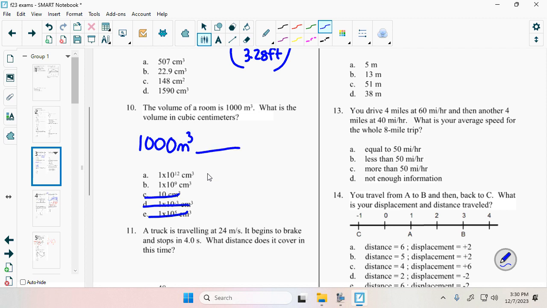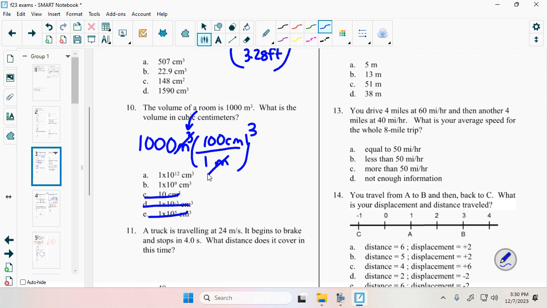And then I do my conversion factor. I know that in 1 meter, there are 100 centimeters. But what do I have to do to my conversion factor here? I have to cube it, right? Whatever I take my cube off of this, I have to do the same thing here. That way, this cubic meters cancels with that cubic meters.